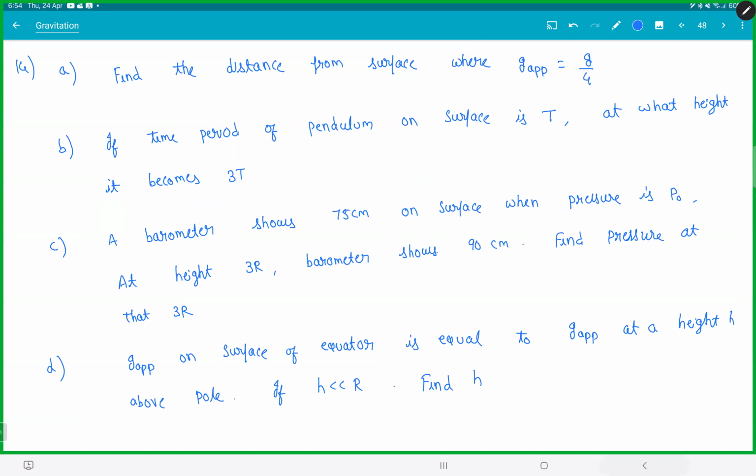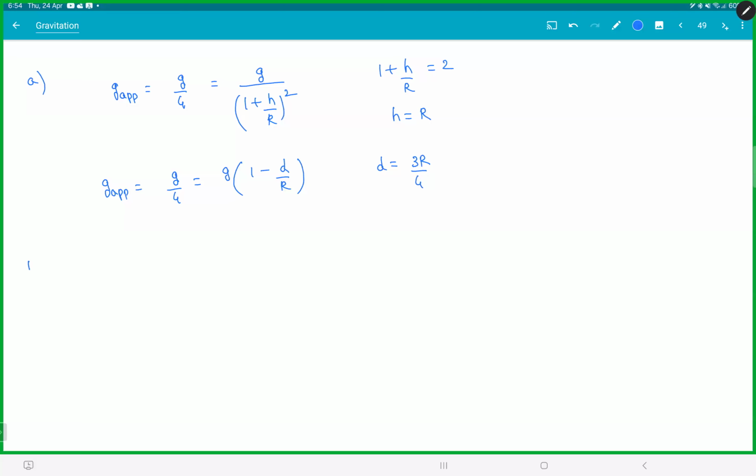What is the second question? If the time period of a pendulum is T, so time period on the surface is 2 pi root over L by g on the surface. And when you go to a certain height, you're saying the time period has become 3T. So this has become 3T, which is 2 pi root over L by g apparent. So just substitute here. This is 3 into 2 pi into root over L by g is 2 pi into root over L by g apparent.